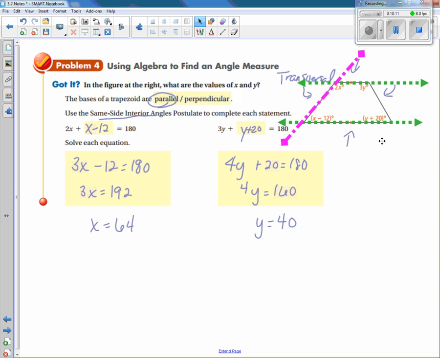Can you actually see the same side interior relationship now? Okay, so oftentimes when you have a figure, it's difficult to see. If you'll just extend the lines beyond the actual closed polygon or closed figure, you'll be able to better see the relationship.